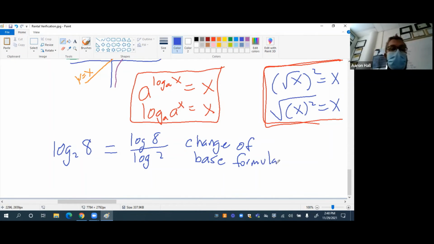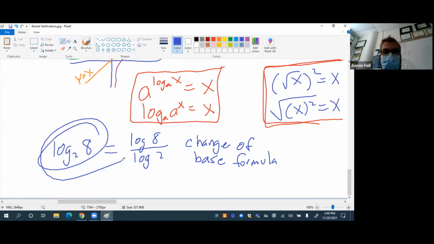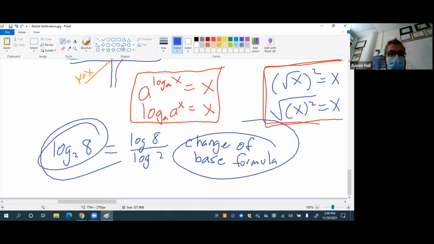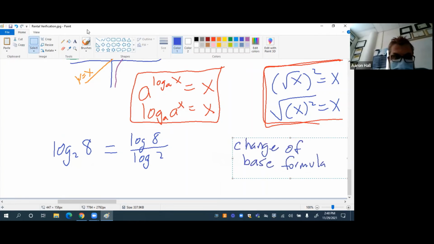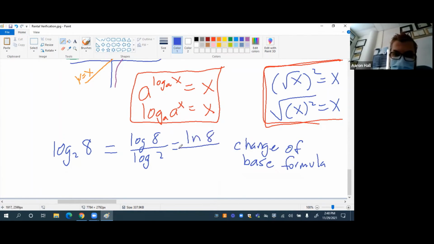But your calculator allows you to do it directly. In fact, when I was your age, there wasn't a calculator that did any base, so we had to learn the change of base formula, which is also the same as this.